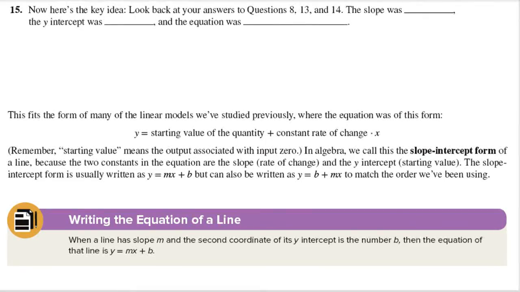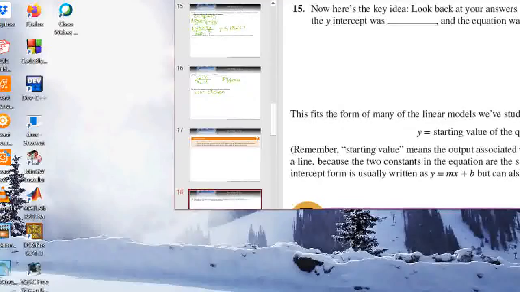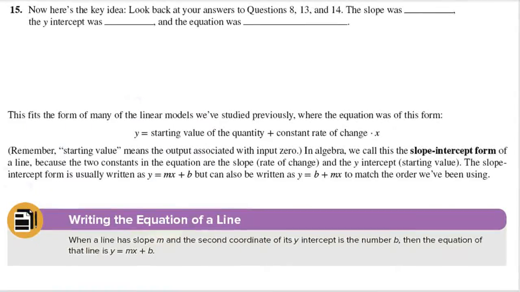Okay. Now here's the key idea. Look back at your answer to question 8, 13, and 14. The slope was $9 per pizza. And I've got to go see what question 8 was.